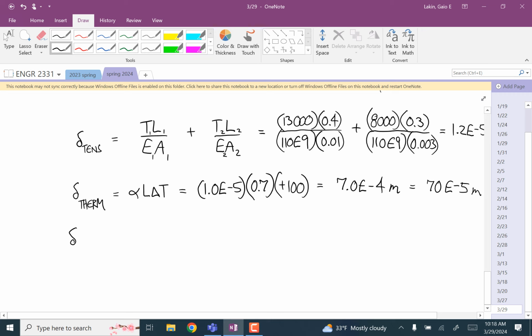And so the total elongation is just the sum of these two, or 71.2 times 10 to the minus 5 meters.